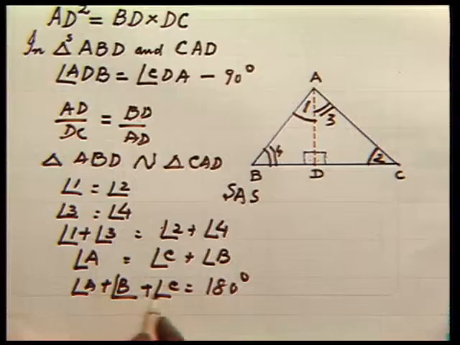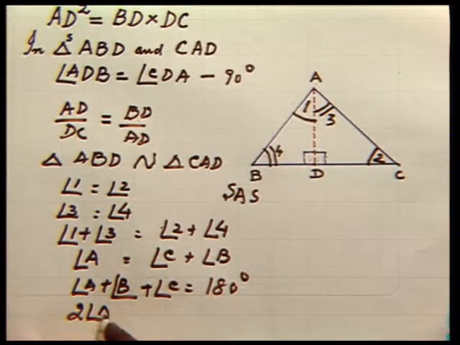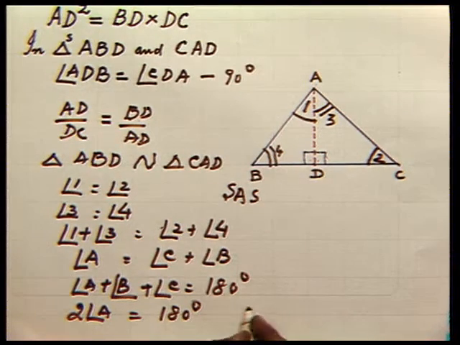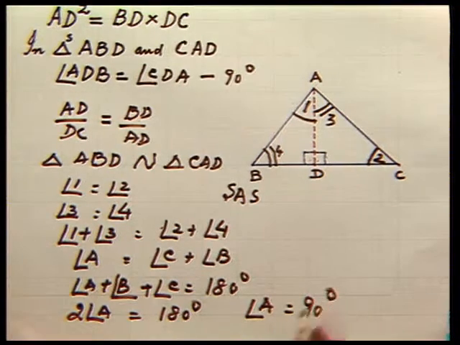So, replacing angle B plus C by angle A, we find 2 times angle A is equal to 180 degrees, and from there we get that angle A is equal to 90 degrees. So, here we again applied the SAS similarity theorem to get at our required result.